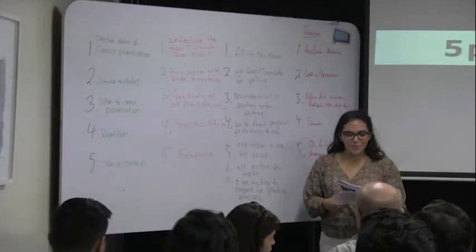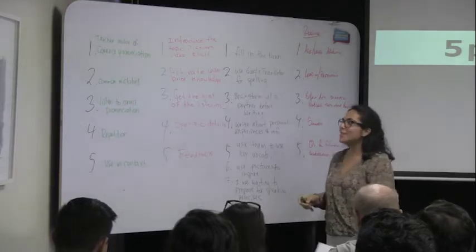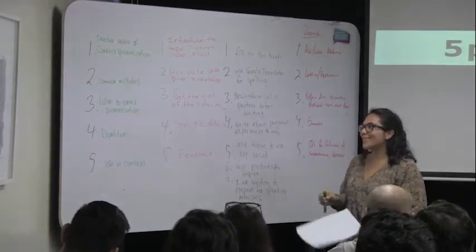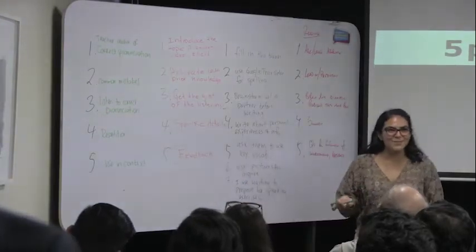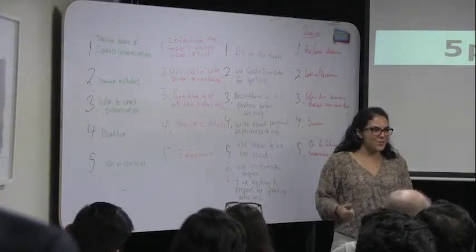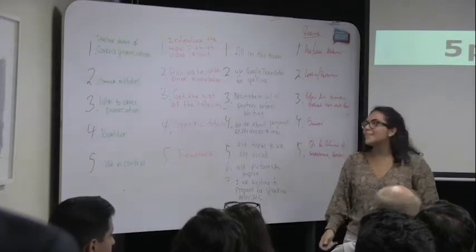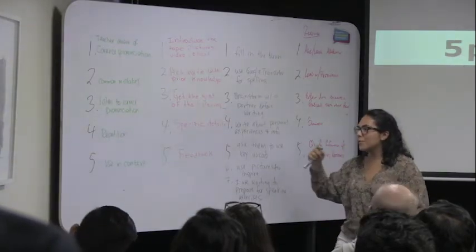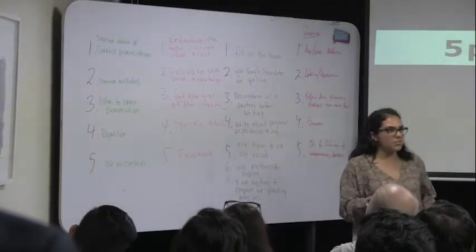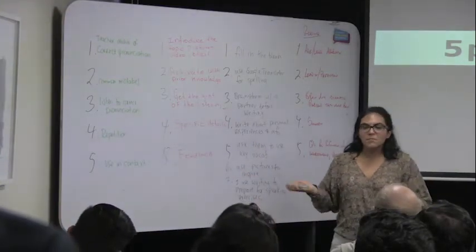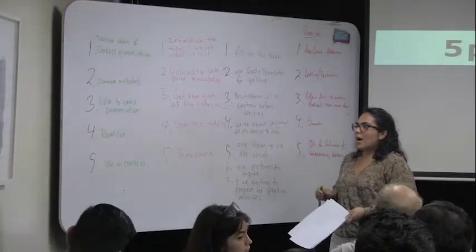Okay, we got pronunciation. We think that the first thing we have to do is be aware of the correct pronunciation. We have to be sure that we're teaching it right. Then the students have to listen to the correct pronunciation, maybe from you, maybe from a listening, whatever you think is best.